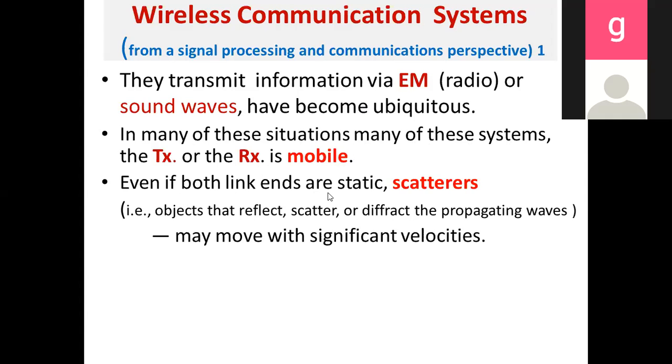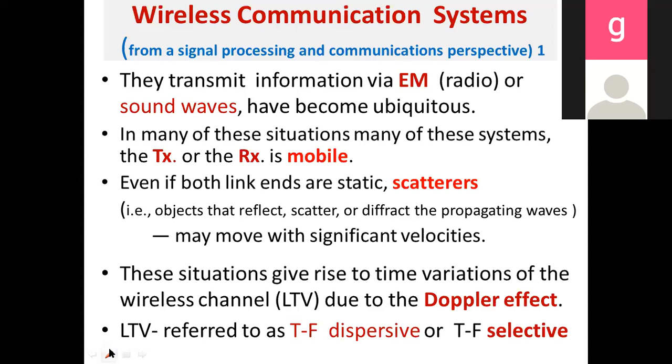Even if both link ends are static, meaning the transmitter and receiver are not moving, there will be some scatterers. What are those scatterers? Generally we use the term scatterers for the objects that reflect, scatter, or diffract the propagating wave.